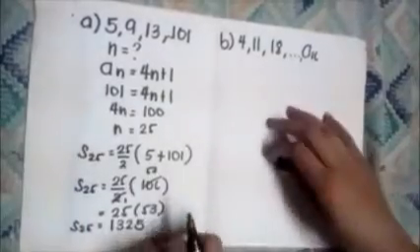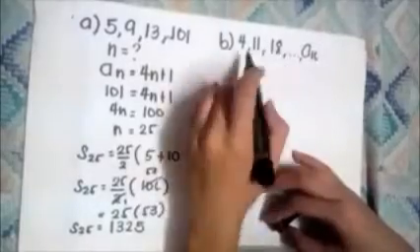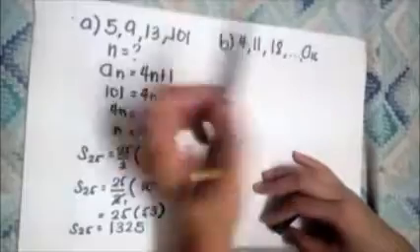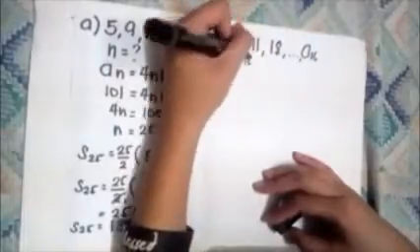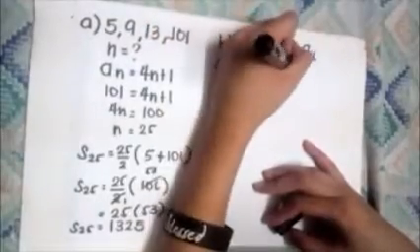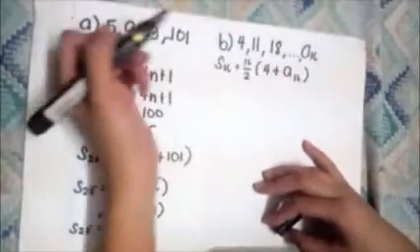Now, let's go with this. We have 4, 11, 18, and so on until it reaches a sub 16. So we have S sub 16 is equal to n, which is 16 over 2, times (4 plus a sub 16). So a sub 16 is the missing term here.